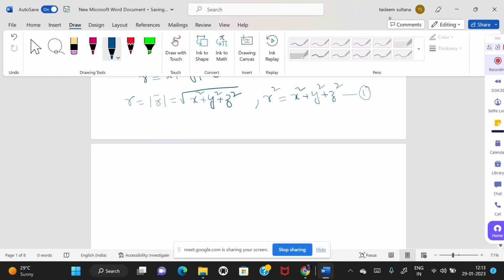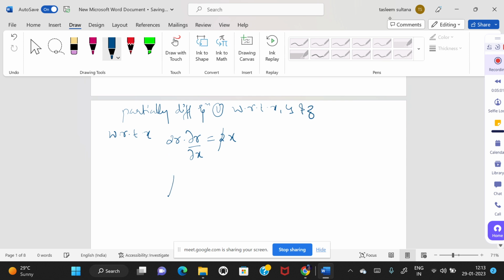First with respect to x, what I am going to get, 2r into dou r by dou x is equal to 2x, where the 2 and 2 will get cancelled. Dou r by dou x is equal to x by r.